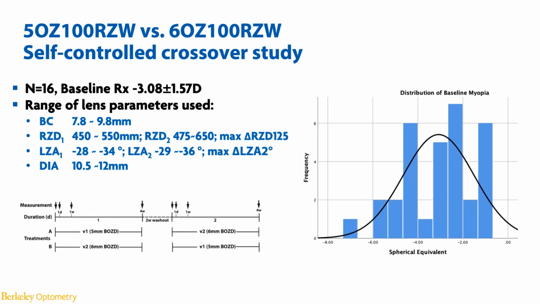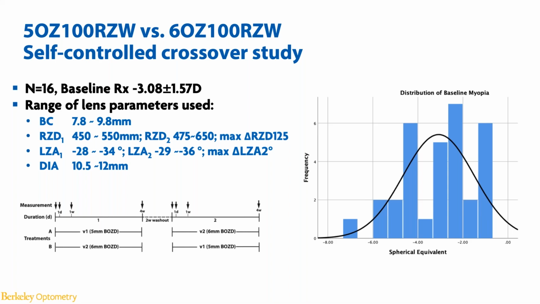You can see we have covered a pretty wide range of the base curve and a pretty wide range of the return zone depth in both meridians, with a maximum delta return zone depth, so a dual axis amount, of 125 microns. And we've also utilized a dual axis landing zone design in most of the subjects. And the diameter of the lenses ranged from 10.5 all the way to 12 millimeters.